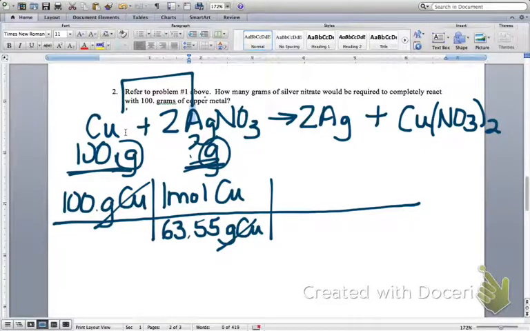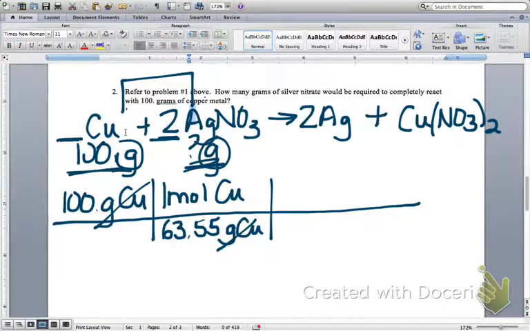Okay? Now I can go from copper to silver nitrate. I'm in my mole unit. So we're going to go through the land of the mole, as those guys like to say. Okay? Bergman and Sands, the land of the mole. All right? So what is my ratio this time? My mole-to-mole ratio from the balanced chemical equation. How many moles of copper from the balanced chemical equation? 1.